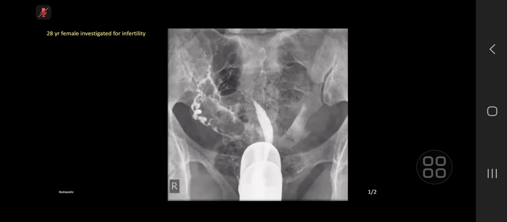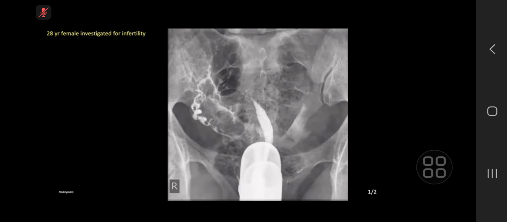So my differential remains whether this is a unicornate uterus with a non-communicating rudimentary horn, and I would need to ascertain from the person performing it whether there were 2 cervices or not, and also further investigate with an MR.